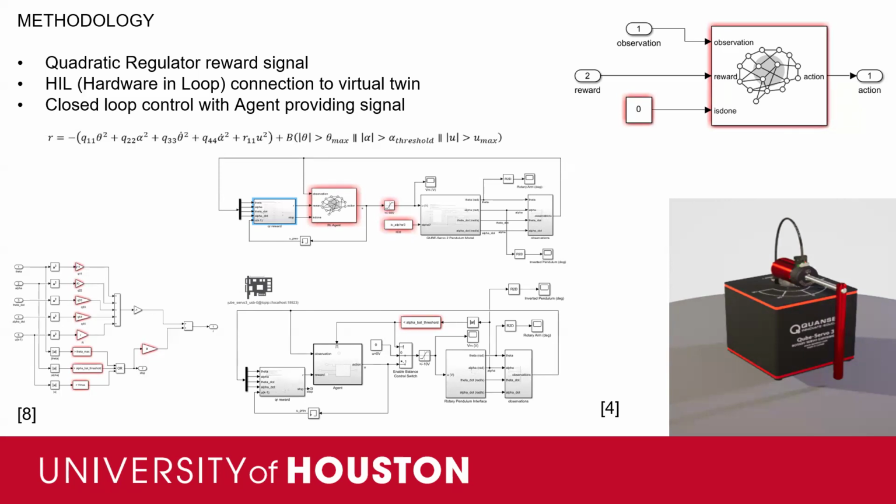We also have a penalty built into this. There is some undesirable behavior that you don't want out of this system. You may not want the servo to drop the inverted pendulum. You may not want motor voltage to over voltage, or you might not want saturation.